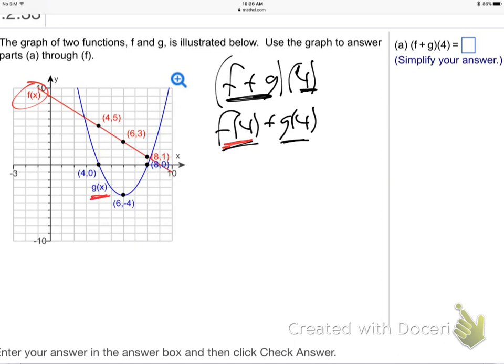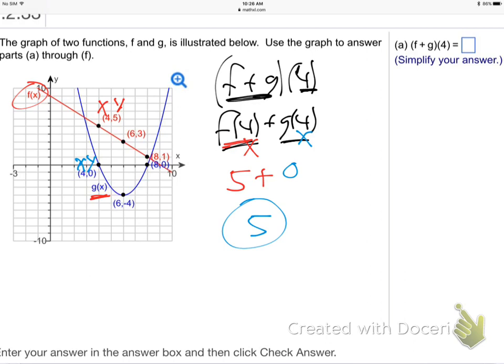So what is f of 4? That means x value 4, answer will be whatever y is. So when x is 4 on the red graph, right here, what's the y value that goes with it? 5. So this is 5 plus, we good so far? Then when the x value is 4 on the g graph, what's the y value? 0. 5 plus 0 is 5.